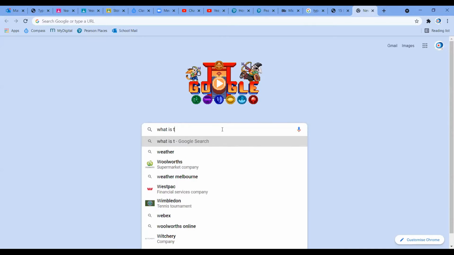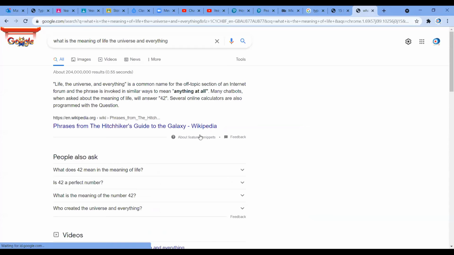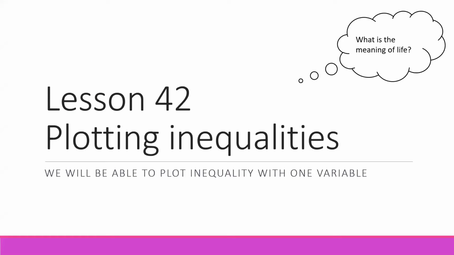If you type in the meaning of life, the universe and everything, it says 42 is the correct answer. Is there any meaning behind it? No, not really. I personally think the meaning of life is to increase the amount of happiness in the world, but that's just me. You might have a different one, and different religions have different meanings of life, and you can still have a meaning of life even though you're an atheist.